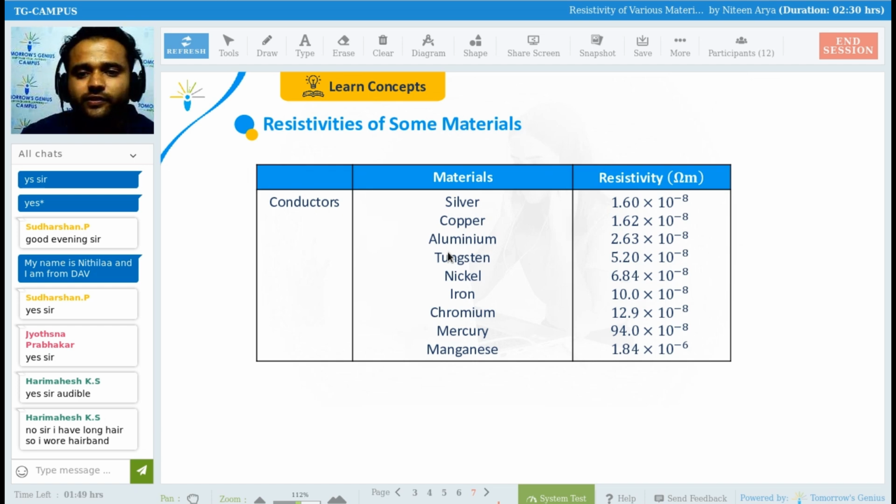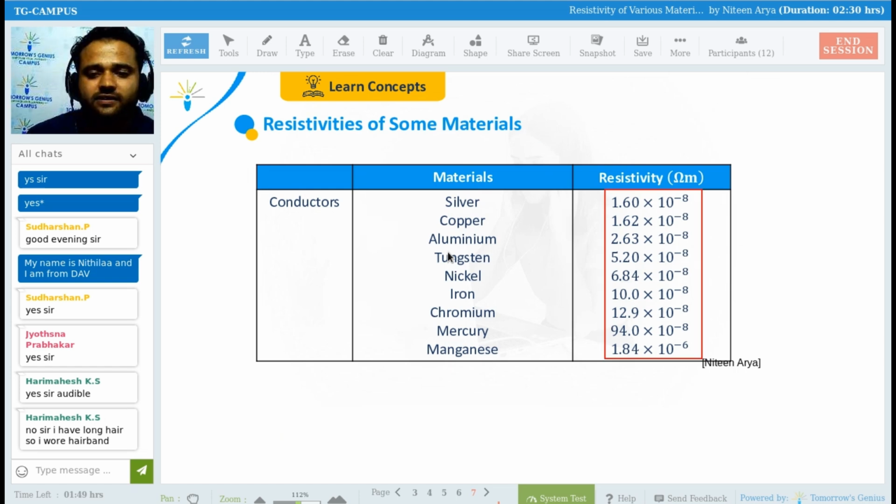So this is the resistivity of some materials. Focus on the range. This is the range for conductors. Silver has the least resistivity. What is the meaning of saying that? Its conductivity is very high, and that is why it lies in the range of conductors.